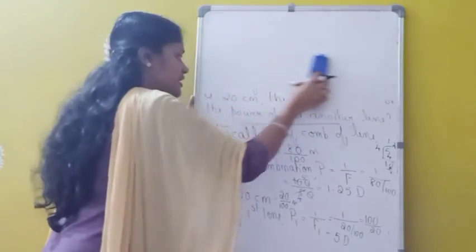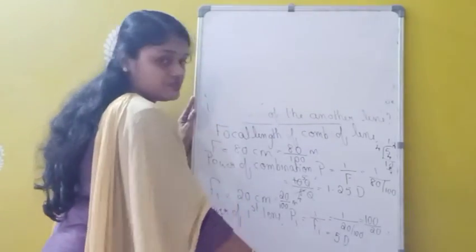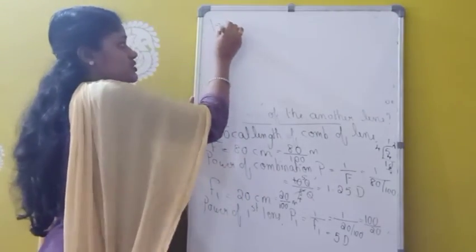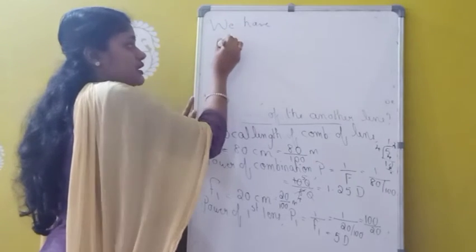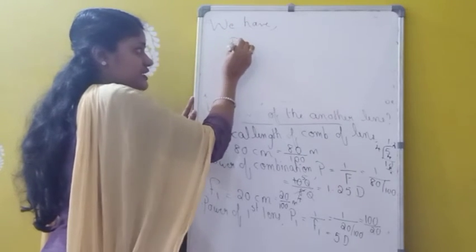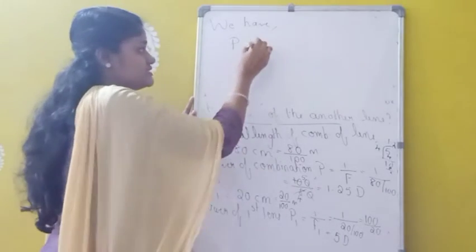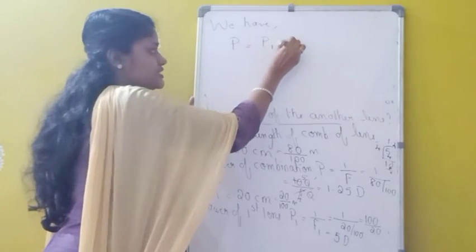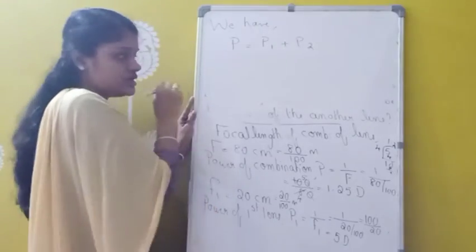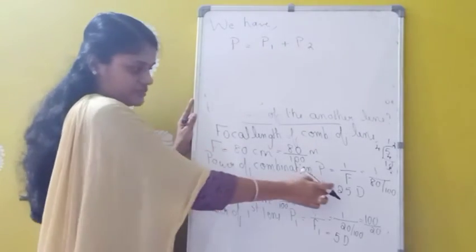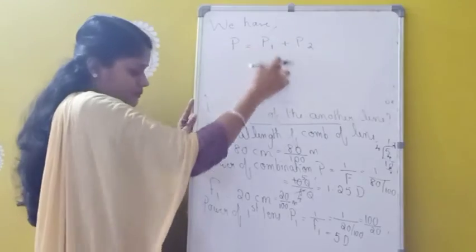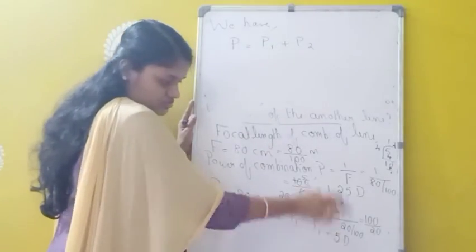So we know that the power of combination, capital P, is equivalent to the sum of the powers of individual lenses. That means we can write P1 plus P2. Okay. Already we know capital P is 1.25 diopter. P1 also we know, 5 diopter.